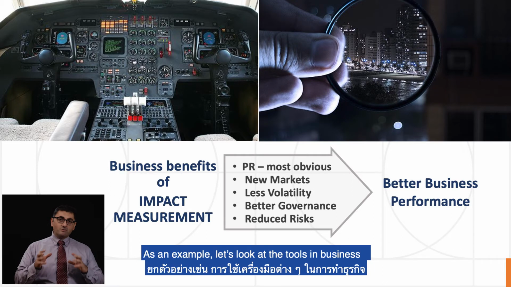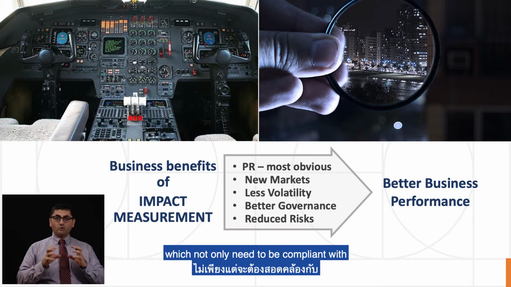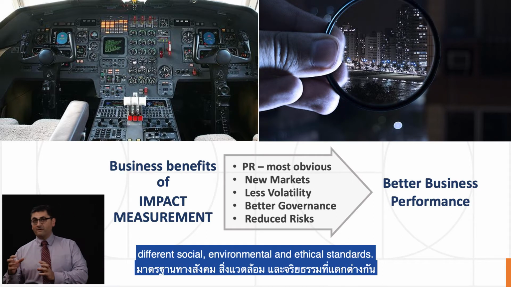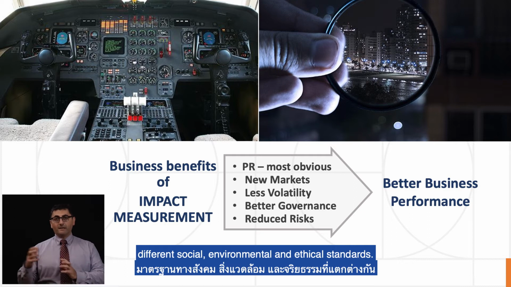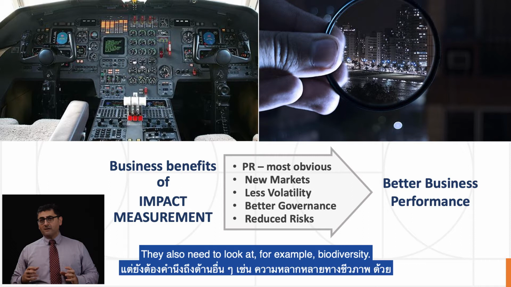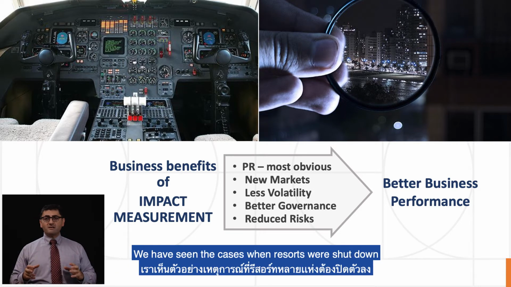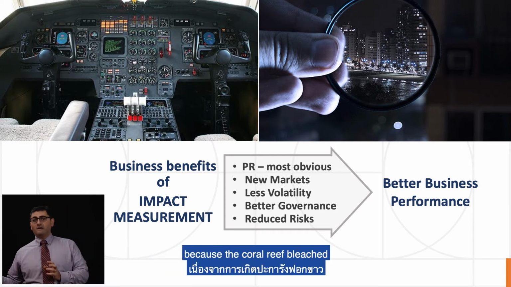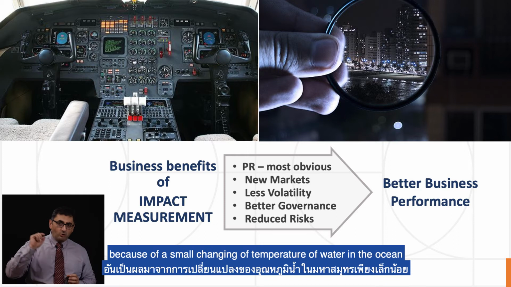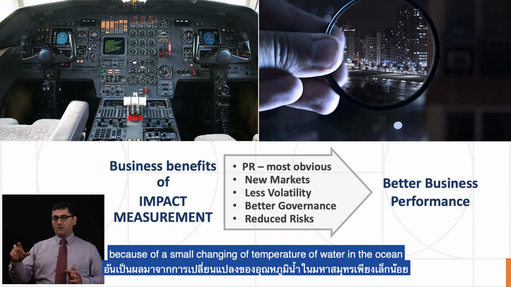As an example, let's look at the tourism business, which not only needs to be compliant with different social, environmental, and ethical standards, but it also needs to look at, for example, biodiversity. We have seen cases when resorts were shut down because the coral reef bleached because of a small change in the temperature of the water in the ocean.